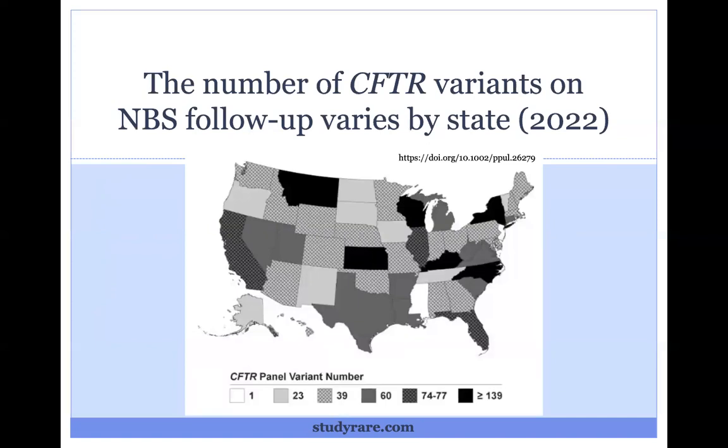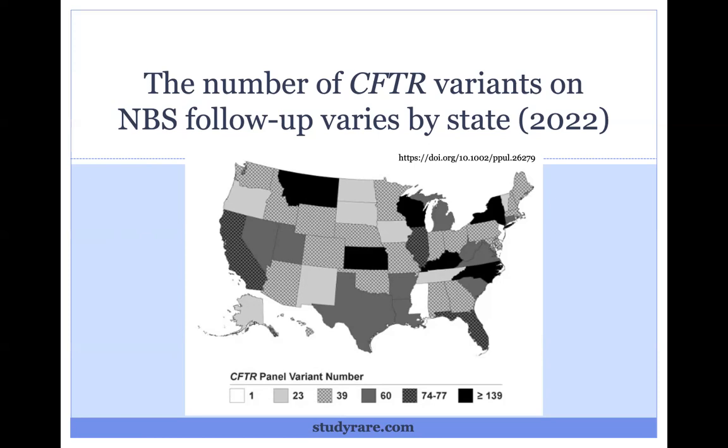And just to show you, this is a map of the United States. And what we can see is that each state is colored by the number of variants that are included on the CFTR panel that is part of the follow-up newborn screening protocol for that state. What we can see is that the number of CFTR variants varies a lot between states.